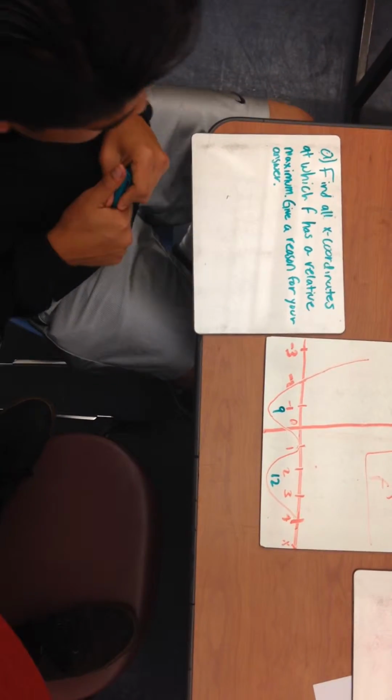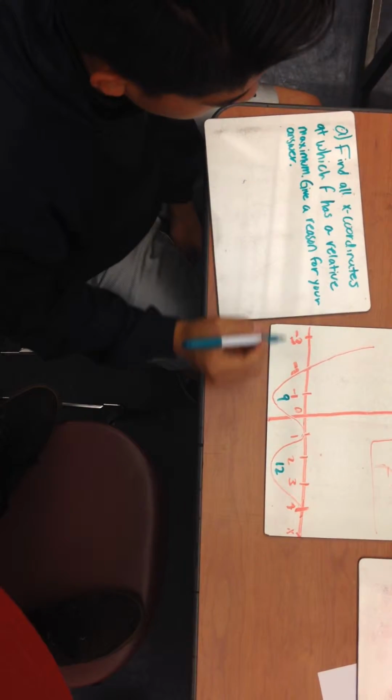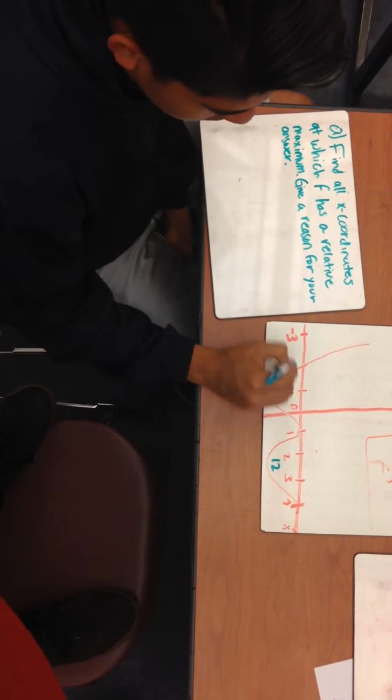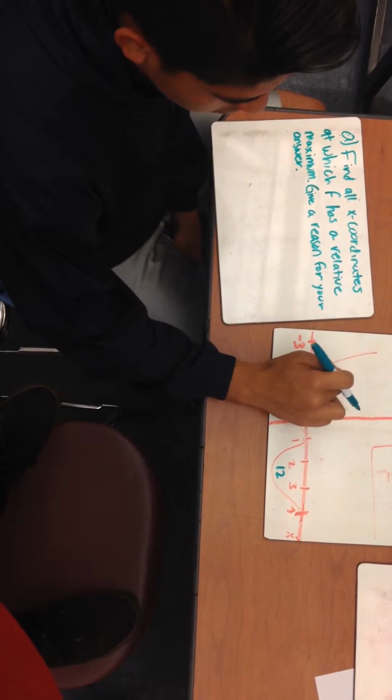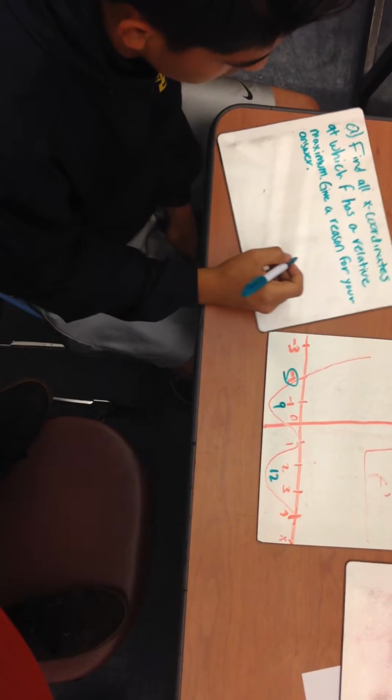So we can see that a relative max of f occurs when f prime changes sign from positive to negative as x increases. And the only place where that happens is at -2, because it goes from a positive to a negative on this part of the graph.